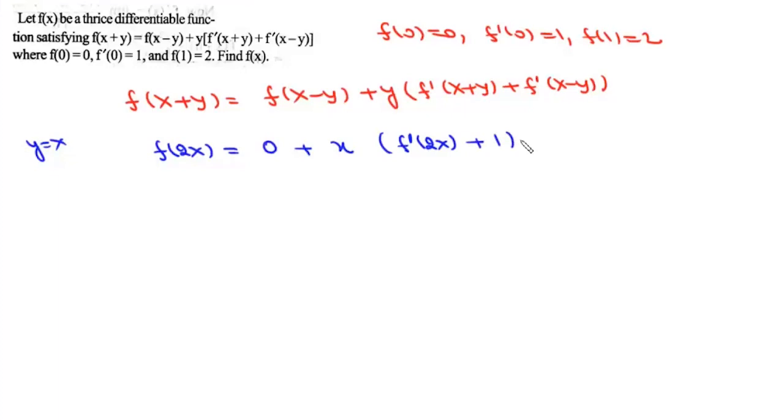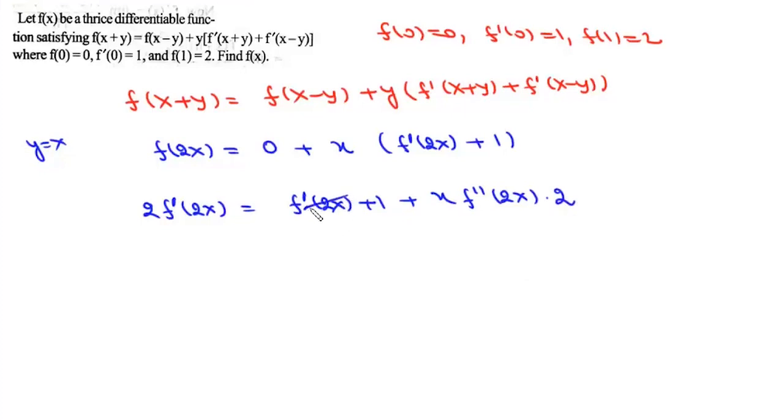So it will be f(2x) equals x into [f'(2x) plus 1]. Now we'll differentiate this. We can write f'(2x) into 2 will be equal to [f'(2x) plus 1] plus this x as it is, and then it will be f'' (2x) into 2.